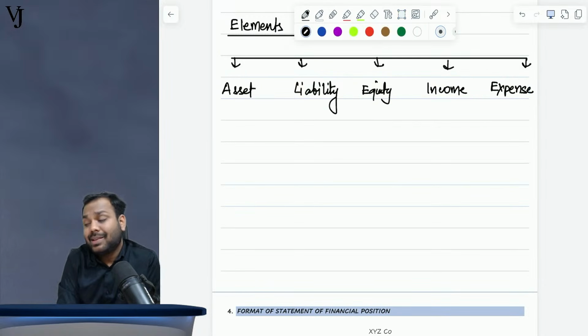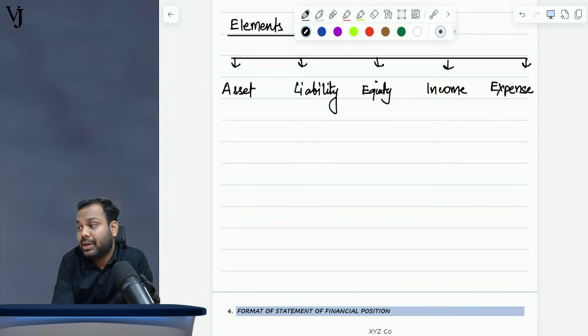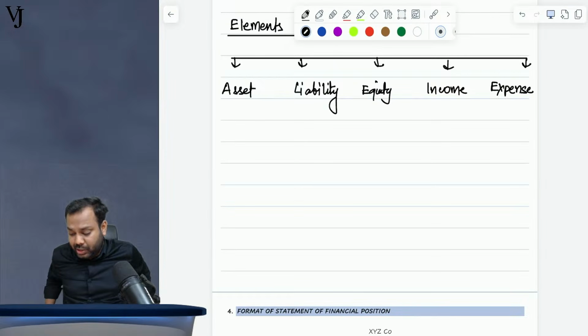Now, let us understand the meaning of asset, liability, equity, income, and expense. Understand one by one. What is the meaning of asset?